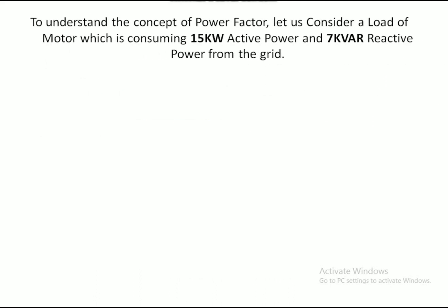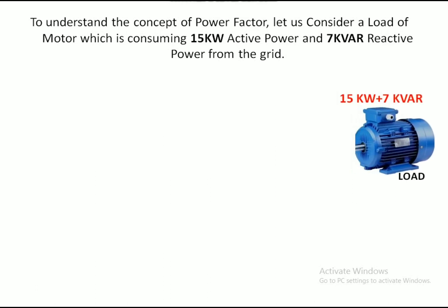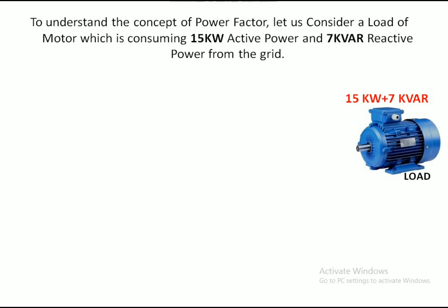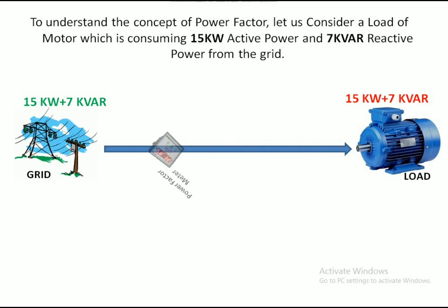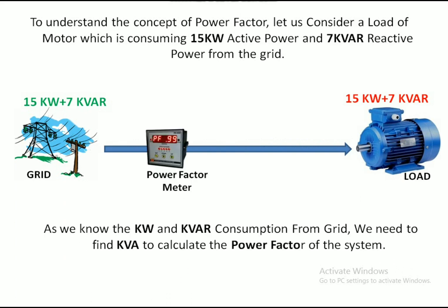To understand the concept of power factor, let us consider a motor load which is consuming 15 kW active power and 7 kVAr reactive power. As the only power source in this case is the grid, the overall load will be consumed from the grid. As we know the kW and kVAr consumption from the grid, we need to find apparent power to calculate the power factor.